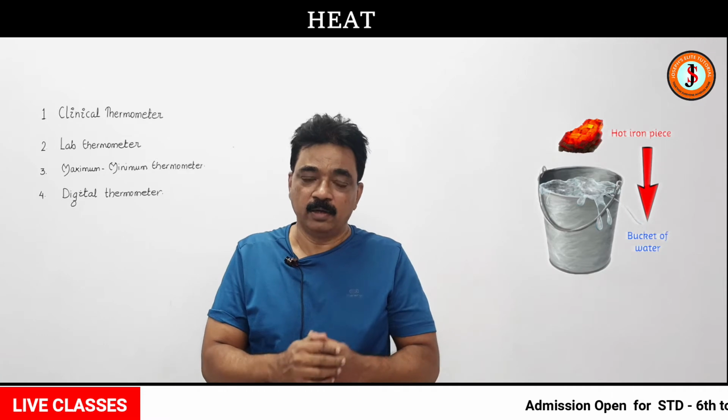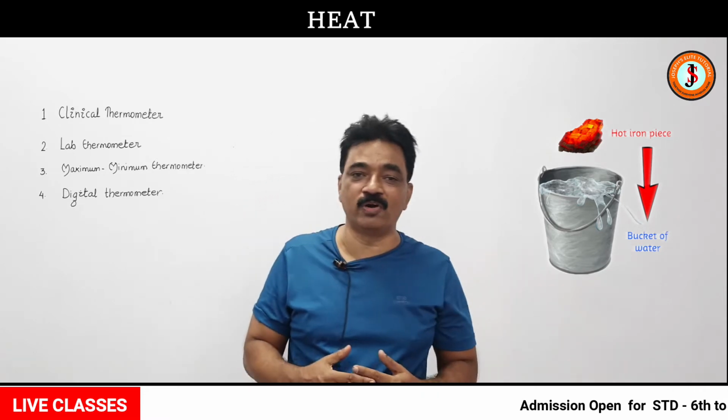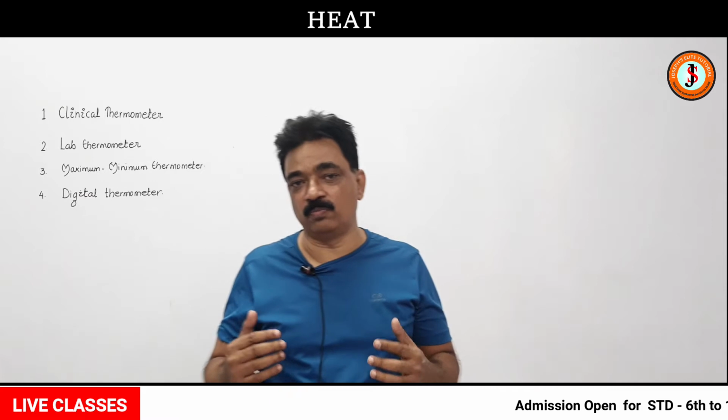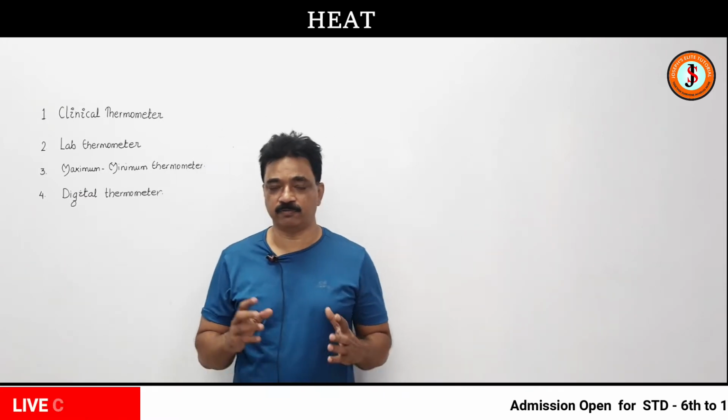All right, did you understand? So that means heat will always flow from a body at higher temperature to a body at lower temperature. That is the first thing we have to understand.